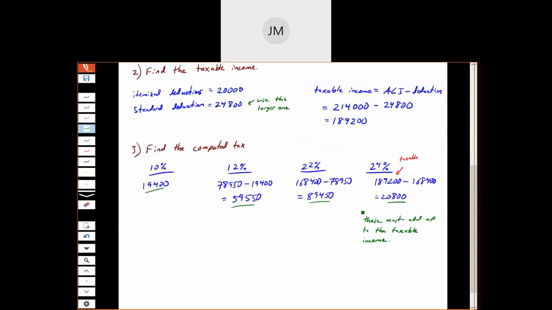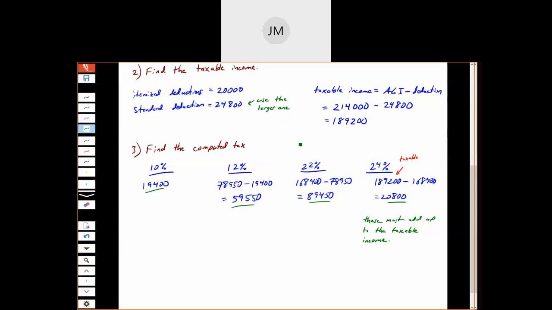Because what we're really doing is taking our taxable income and breaking it up into these groups. If they don't add up to our taxable income, we didn't do it right. We either got some money out of nowhere that we're paying taxes on, or we didn't account for all of it.